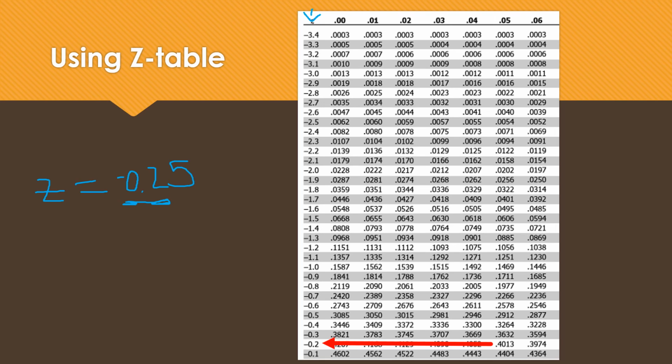Then the columns up here all correspond to the second decimal place of 5. Again, we ignore the first 0. Just ignore all these first zeros up here. Sometimes that confuses students. Then we go find the 5, which is here. Where this intersects is 0.4013. So that's the percentile for a z-score of negative 0.25.